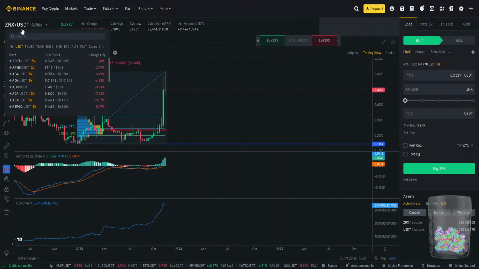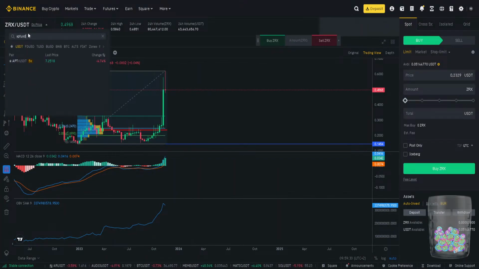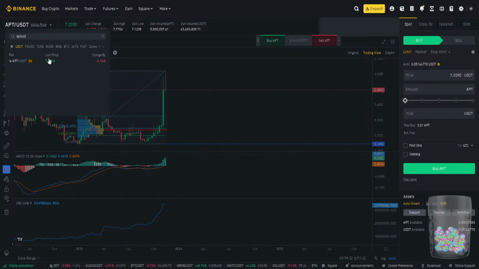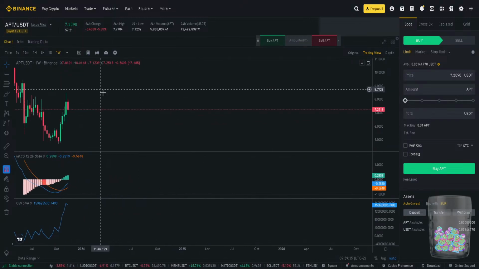Aptos is another layer 1 coin. Down 4% on the day.